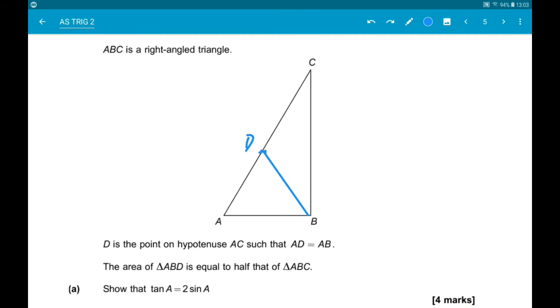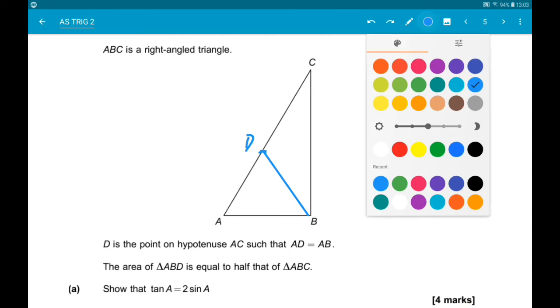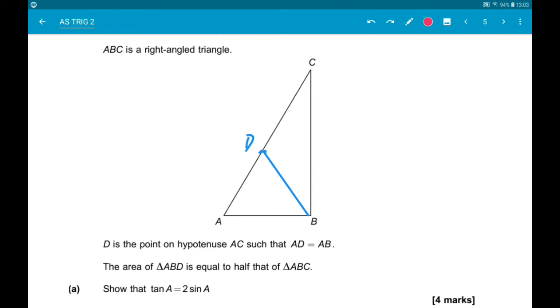Okay, so quite tricky. Let's deal with, first of all, making the notation a lot nicer than using A, B and A, D, etc. So, we know that A, D and A, B are the same length.